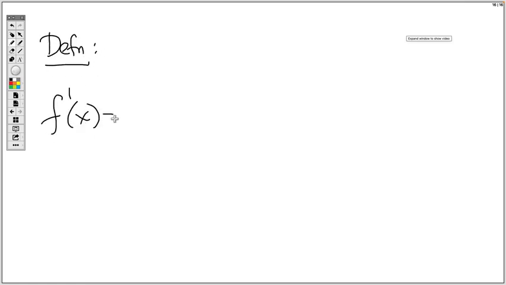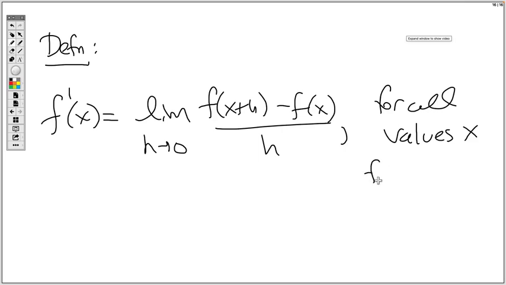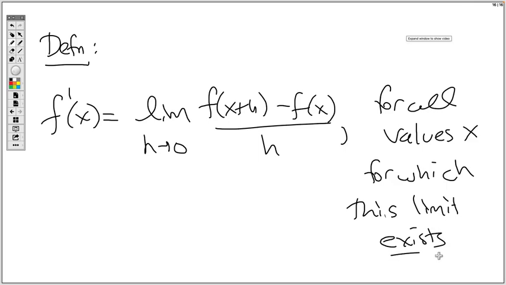F prime of x is equal to the limit as h goes to 0 of f of x plus h minus f of x over h for all values x for which this limit exists. And today we will have a discussion at the end of class about where things don't work on the derivative. Okay?